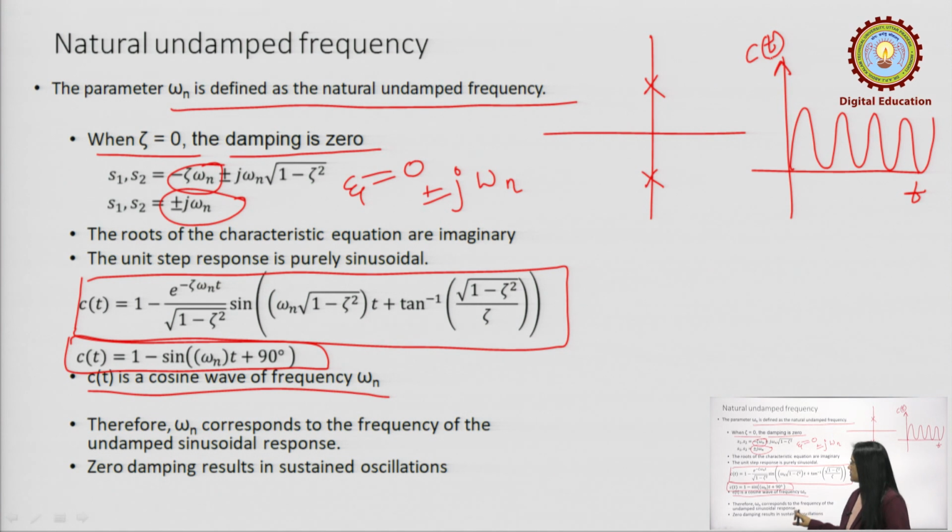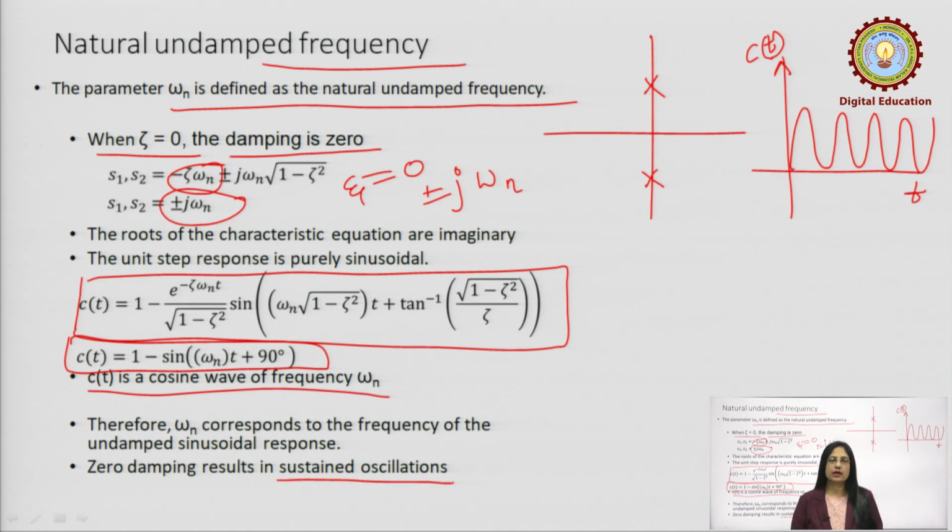The frequency of those oscillations is omega n, and here we have mentioned that we are going to tell why omega n is termed as an undamped natural frequency. It is termed as undamped natural frequency because the oscillations of the output do not damp out. So, this is the condition known as sustained oscillation.